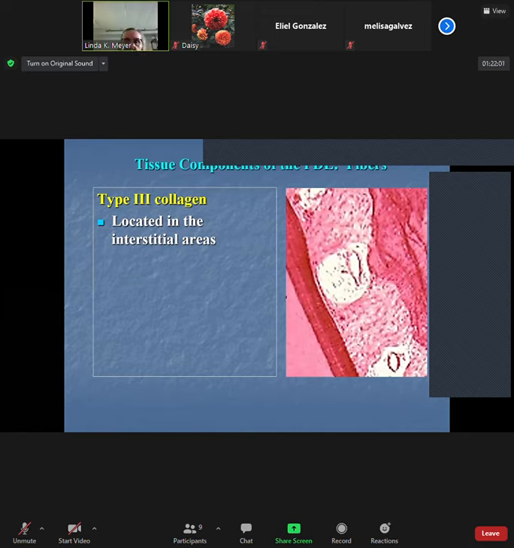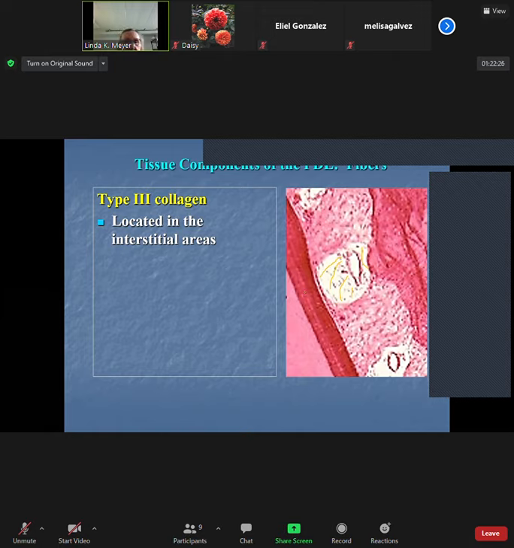Besides type 1 collagen, which is the main component, it makes up those principal fibers. I mentioned earlier that there is some type 3 collagen in the loose connective tissue of the interstitial areas. So earlier I had drawn in there some type 3 collagen. It could also be more delicate type 1 collagen.